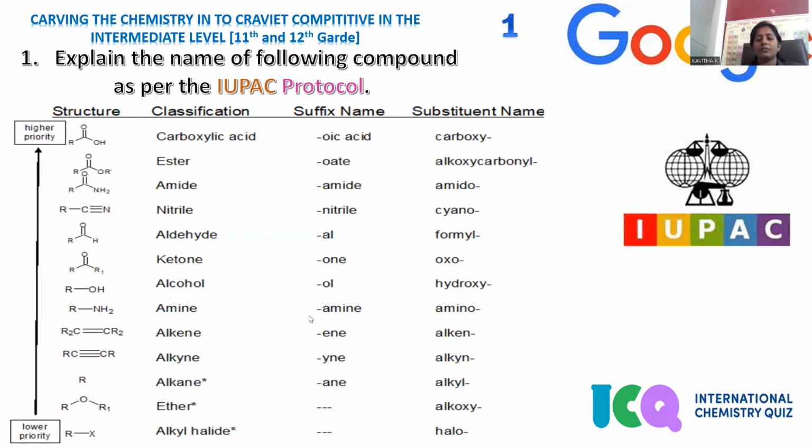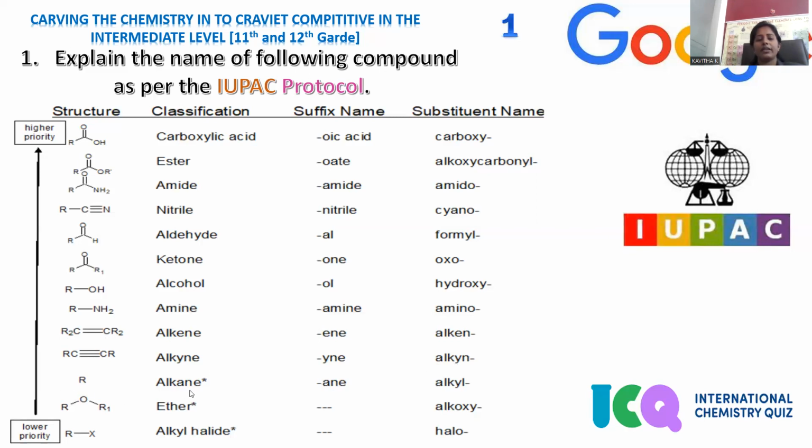If NH2 is the substituent, we have to say amino. Whenever R2C double bond CR2 is there, a carbon-carbon double bond, it is called alkene, and ene is the suffix. If it is a substituent, you have to mention alkenyl.